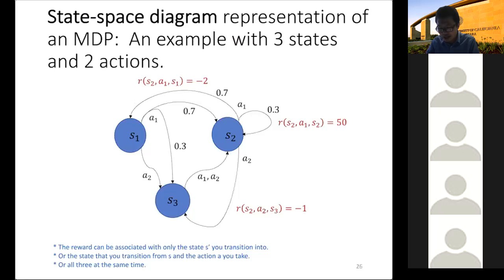Say you're at state S2 and you take action A1: with 0.7 probability you stay where you are, and with 0.3 probability you transition to S1. Then you can specify the corresponding rewards using a separate function on the side. Sometimes having this graphical representation helps you understand how the MDP problem works.